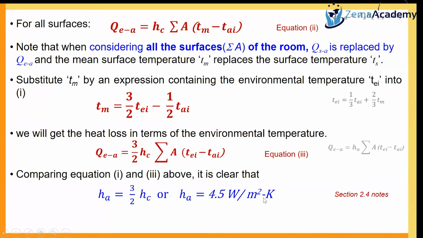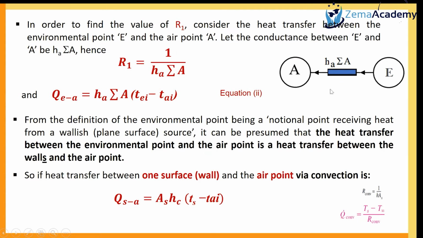So you can now appreciate that not only are you bringing up a model by using electrical analogy, but you are also solving out any unknown terms that are emerging within the model. Because here, when we looked at this convective resistance, this HA was something new because we were modeling this up.